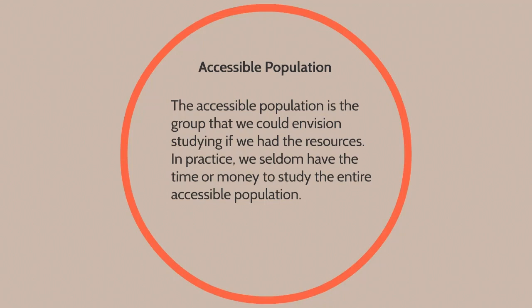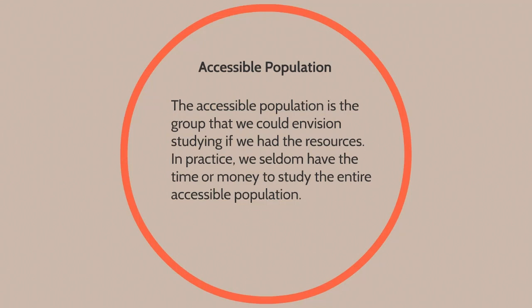So the accessible population is the group we could envision studying if we had the resources and if we had the agreement of these individuals to participate in this study. So you see the difference: the target population is who we want to answer a research question for, but the accessible population is a smaller, often much, much smaller population, but still one that's too large to have access to.